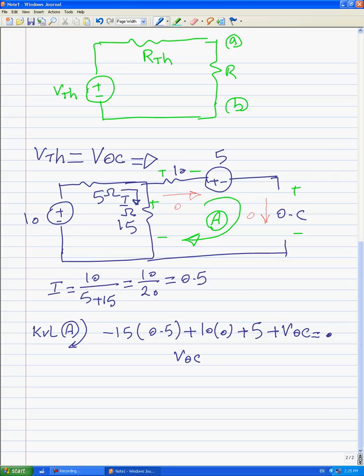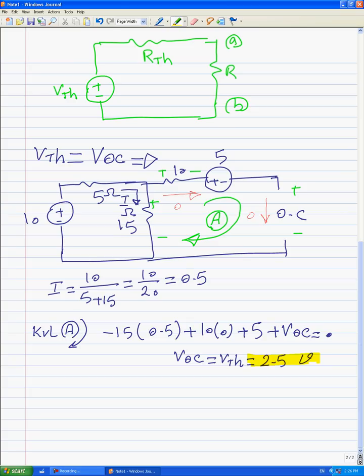And we can find the open circuit voltage, which is equal to the Thevenin voltage, is equal to 2.5 volts. This is the answer for the Thevenin voltage.